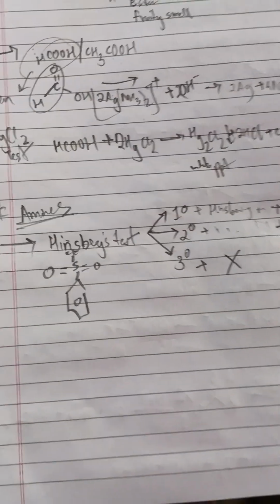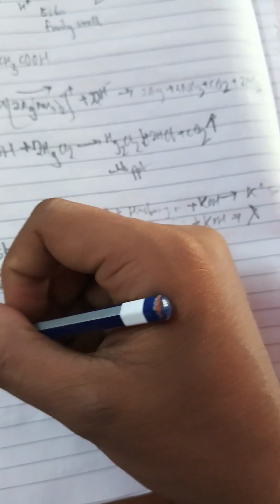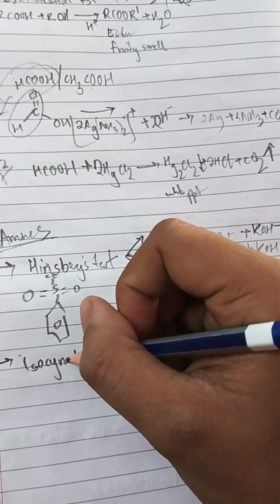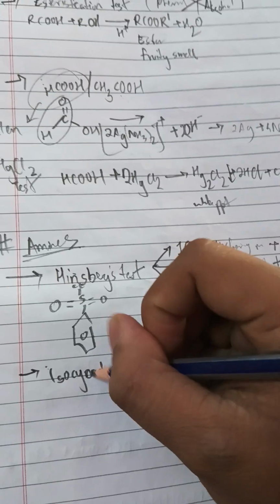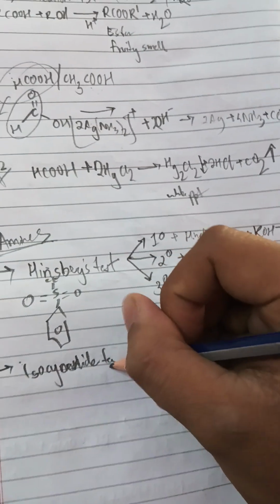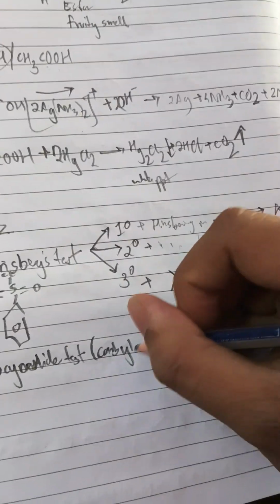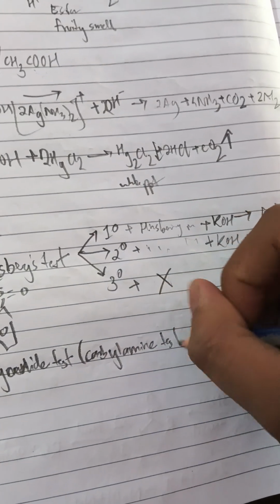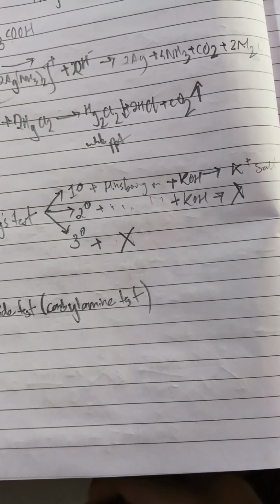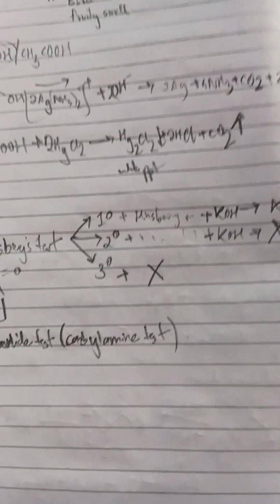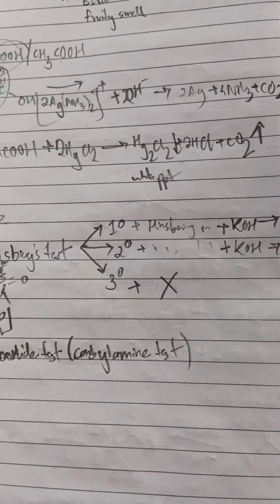The second one is the most important. The carbylamine reaction. It is in the PYQ book. The carbylamine, okay, the isocyanide test. Primary amines, aliphatic as well as aromatic, react with chloroform in presence of alcoholic KOH to form foul-smelling carbylamine.